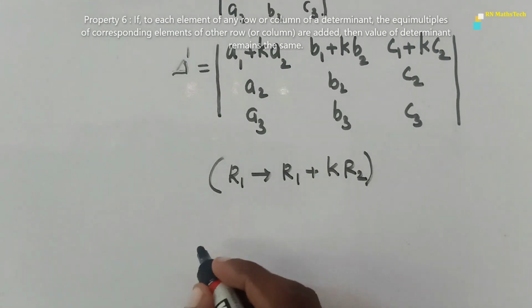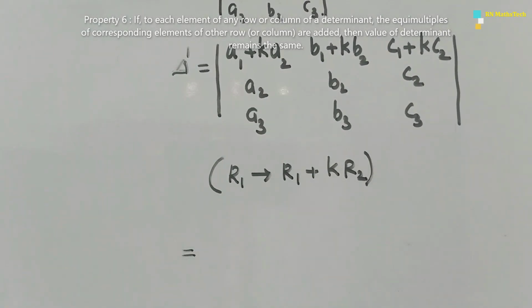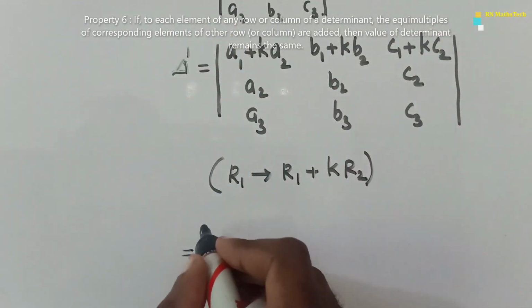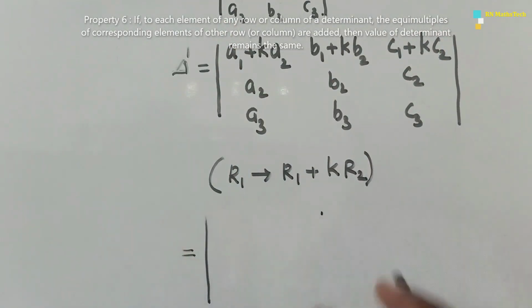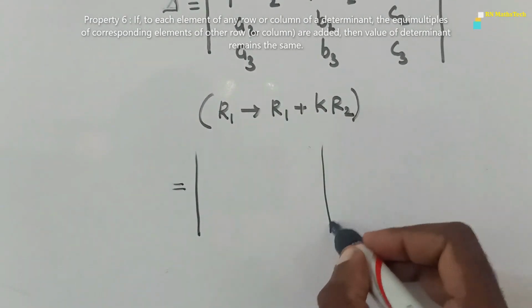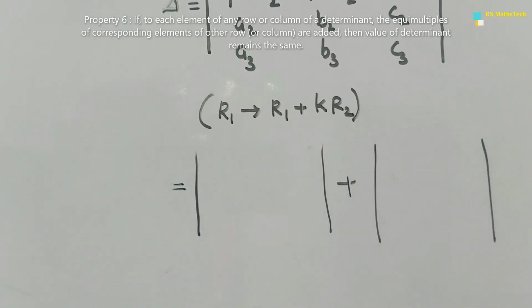The first row is the sum of two terms. Since the first row is the sum of two terms, this determinant can be expressed as the sum of two determinants.